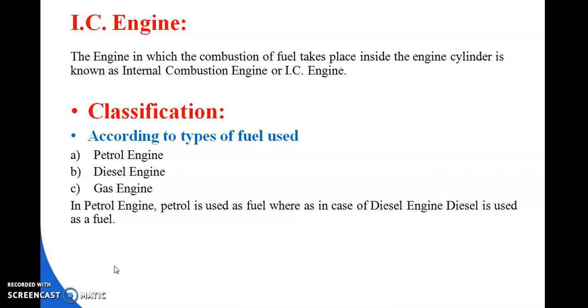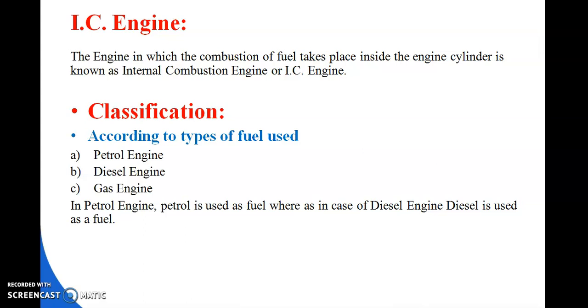When we shift the gear from first gear to second gear, we press the clutch, so that the transmission of power from the engine to the gearbox is stopped, and hence it is easy to shift from the first gear to the second gear.